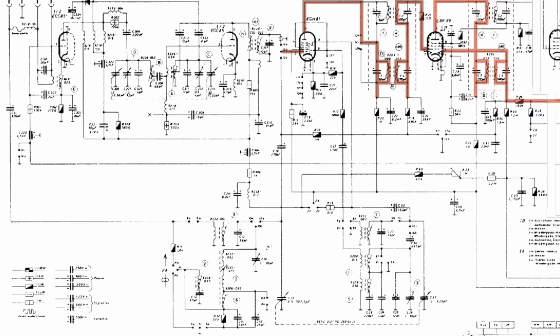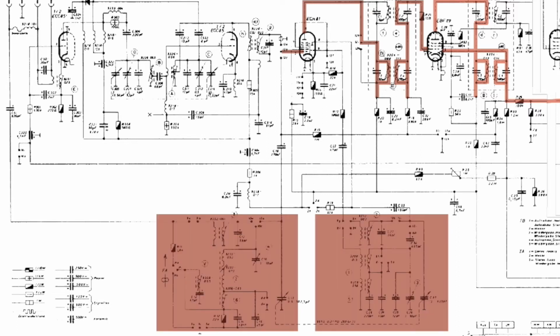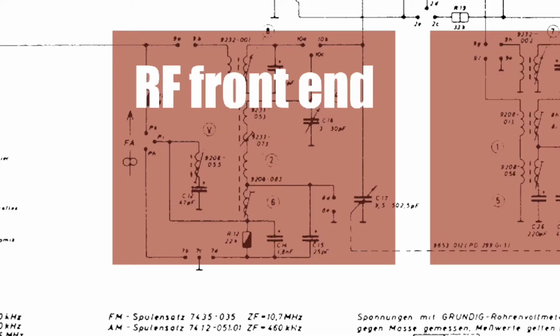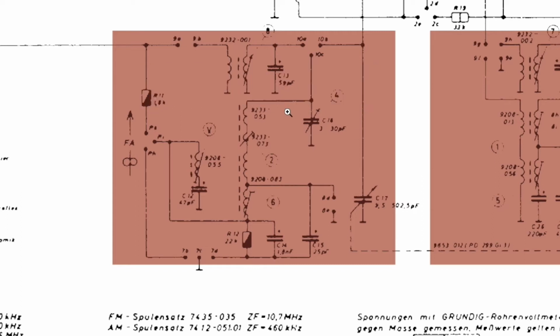So we have two sections here that are now of interest. This section is the front end. What happens here is we select, using these switches over here, what band we want, so short wave, medium wave, or long wave, and that switches in the respective tank circuits that we're going to use for that particular band.